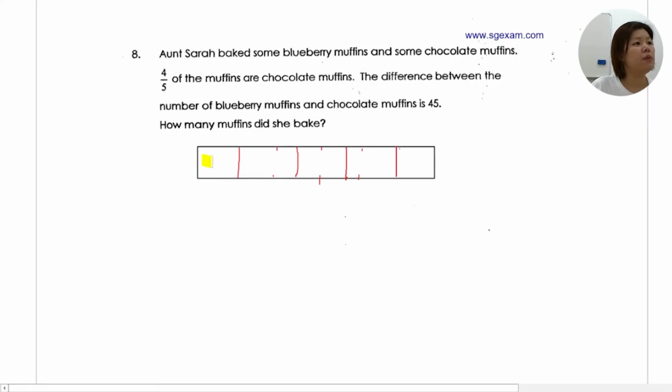So the yellow one is actually chocolate, and then the blueberry is the blue one.